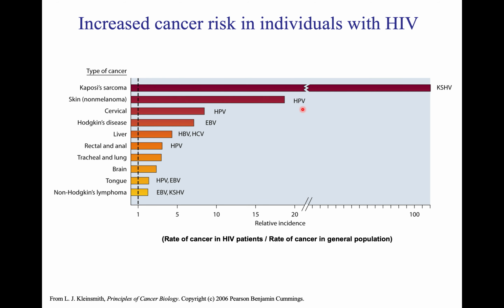We also see some HPV-induced cancers, cervical cancer, of course, but some others as well. And we see some attributed to HBV, HCV, right, liver cancers. So really, pretty much any of these virus-induced cancers, if you have AIDS, if you have HIV, you're at higher risk.